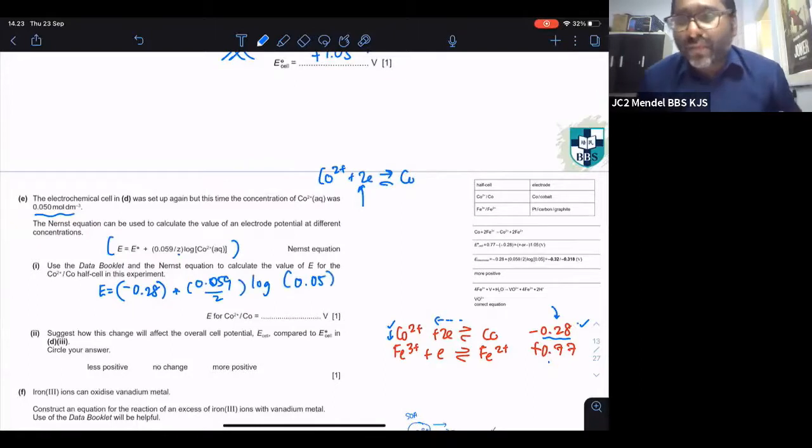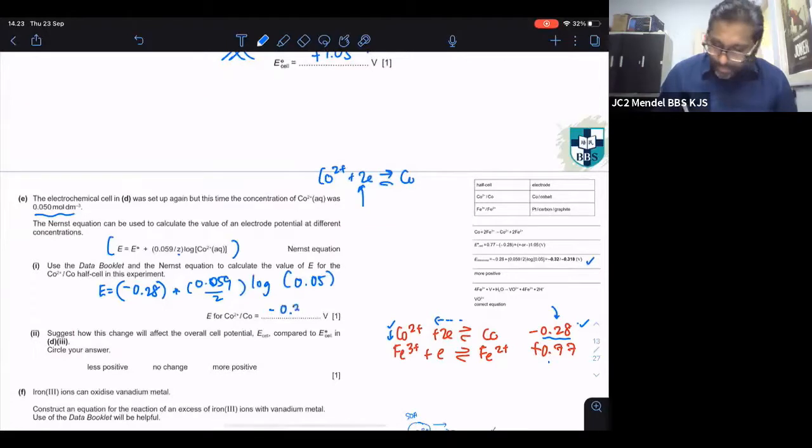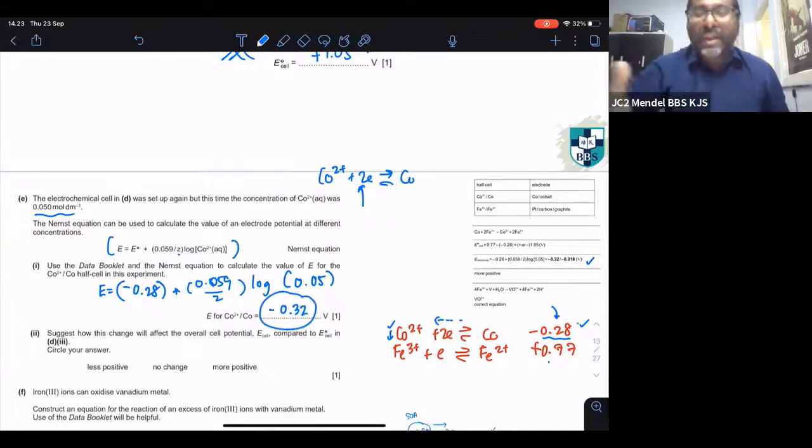They have given you the equation, but do not expect them to give you the equation all the time. If you calculate this, you are going to get negative 0.32. You can see this value, negative 0.32, is more negative than negative 0.28, so it proves your prediction.